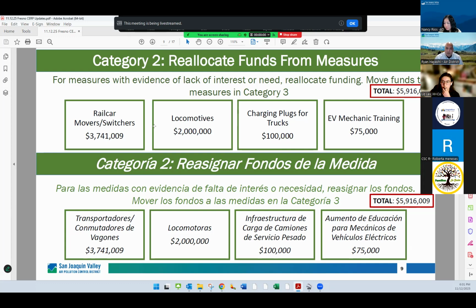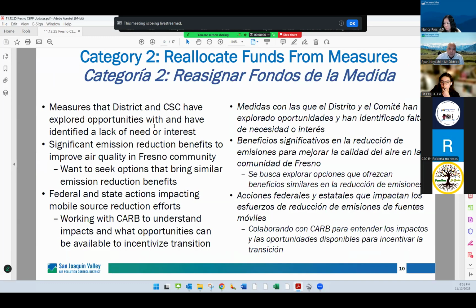So, like I said, these were several measures where we were expecting a lot of emission reductions. I pretty much hit on the majority of the bullet points that are on here.